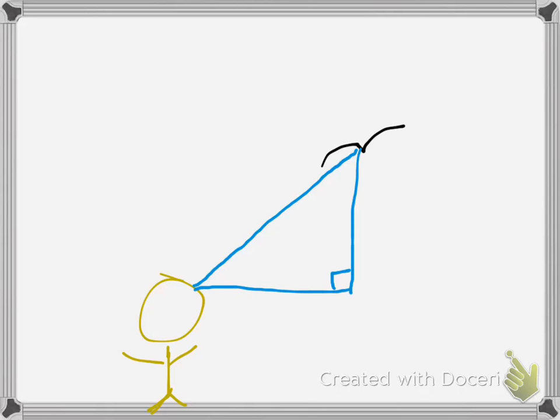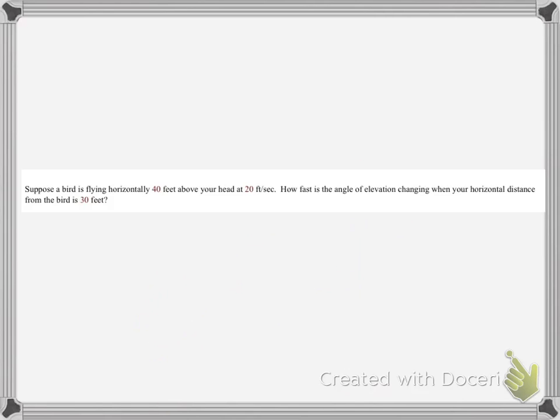We're told that the bird is 40 feet overhead. Whenever you're labeling these pictures, you want to label things that are not changing with their values. And so the 40 feet is not changing, so we'll label that here 40 feet. But we know some other things are changing, and we want to label those with variables, with letters, because they're not constant. This length here is not always going to be 30 feet, as the problem says.